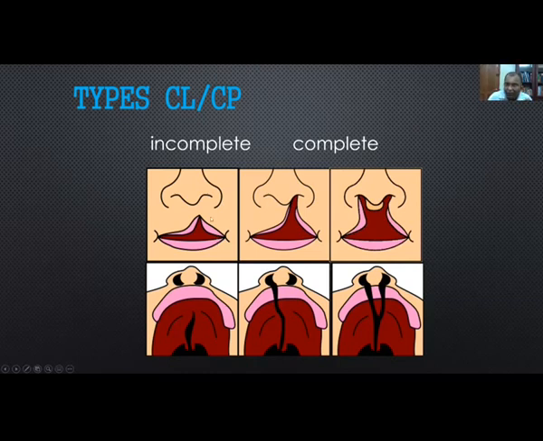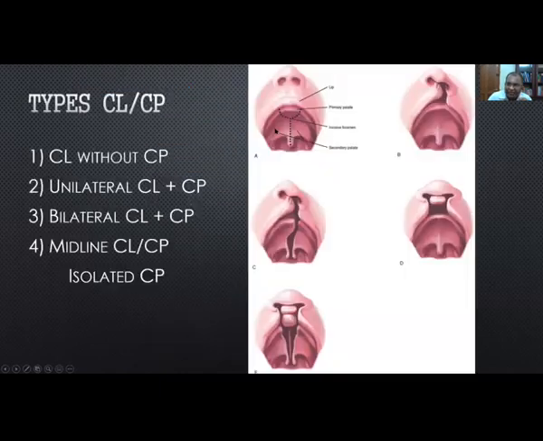So in our reporting, it is important to inform whether the nose and nostrils are involved, whether it's a complete cleft palate or complete cleft lip involving the nose, or whether it's just an incomplete cleft. There are multiple classifications and types of reporting facial clefting.